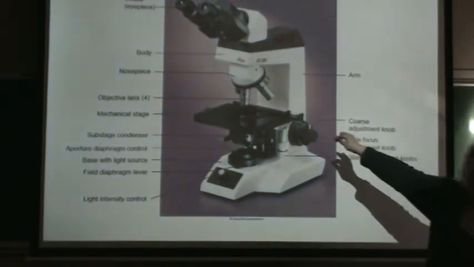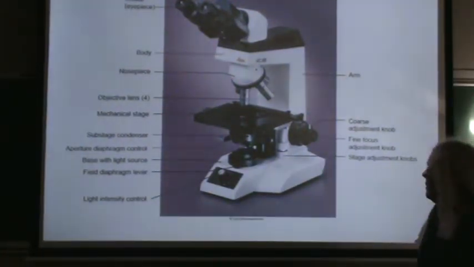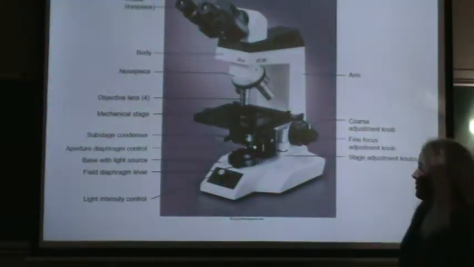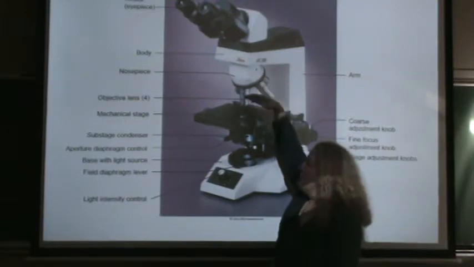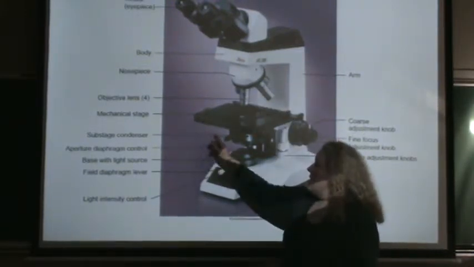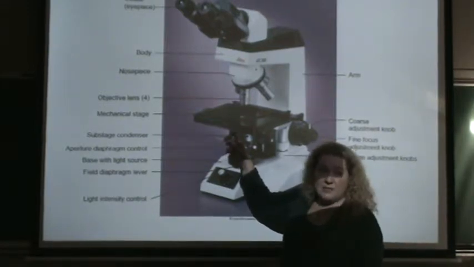This is the picture you need for studying your microscope parts that I talked about. And this is a compound microscope. It's got ocular and objective lenses. What they call the substage condenser, I'm calling the iris diaphragm lever, which is what I call it in our lab.